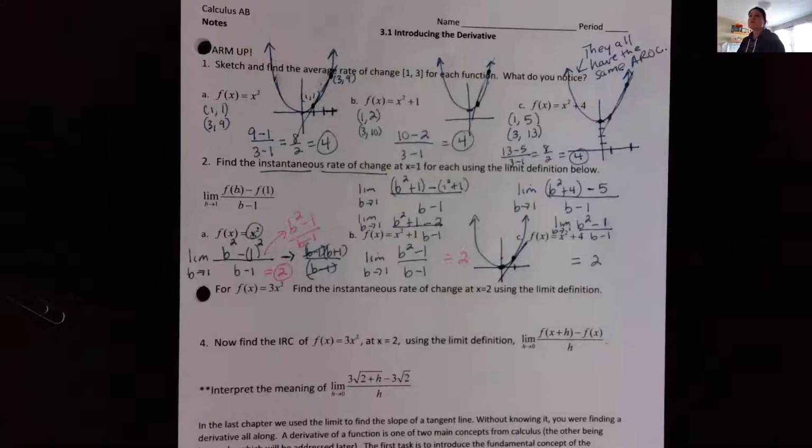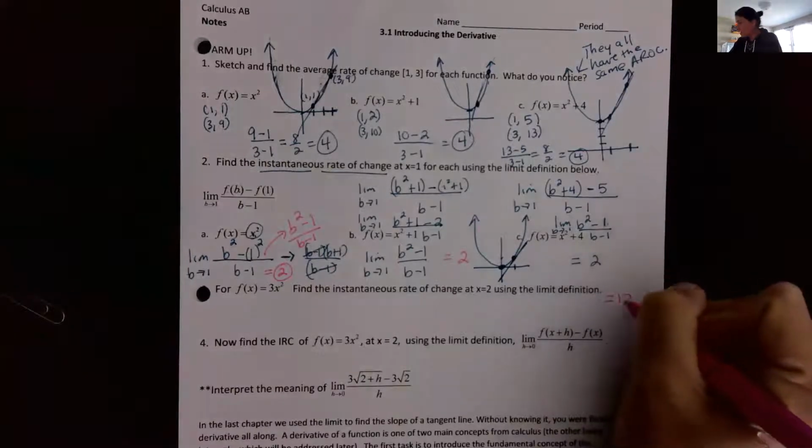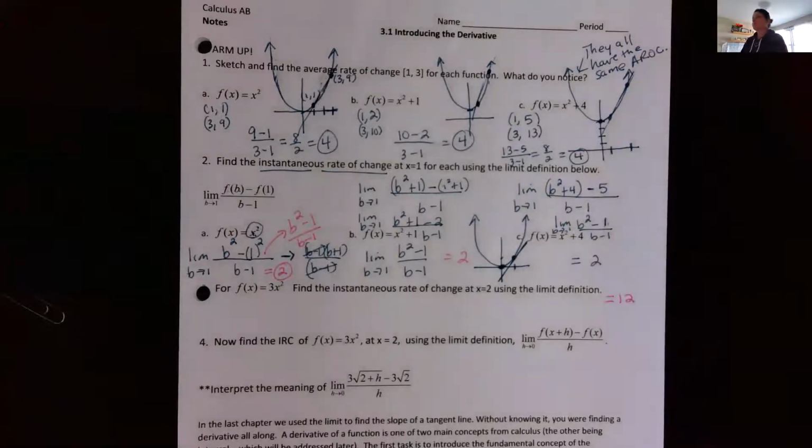For f of x equals 3x squared, find the instantaneous rate of change at x equals 2 using the limit definition. So here's what I'm going to charge you with. I'm going to tell you what the answer is right now. I want you to pause, and I want you to do this one. You should get 12. You should get 12.